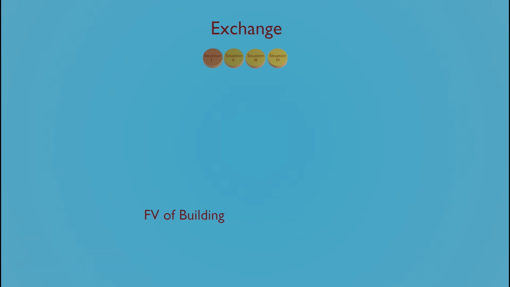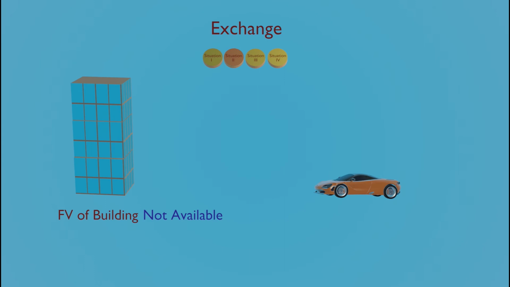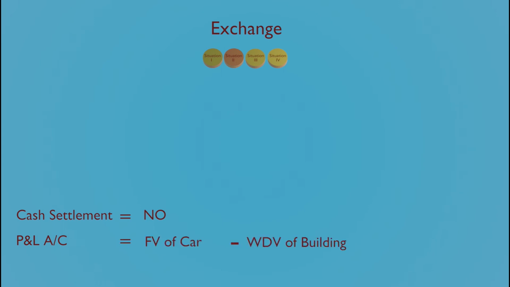Situation 2, where the fair value of the building is not available but the fair value of car is available. In this case, cash settlement will not be possible because the fair value of an asset is not available. Also, P&L account will be debited or credited by the difference between fair value of car and WDV of building. And the recording is to be done at fair value of car.